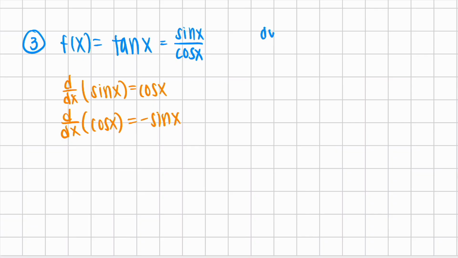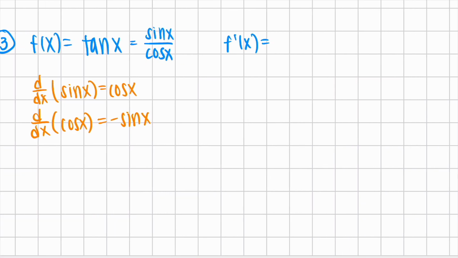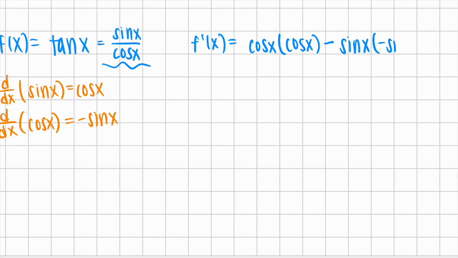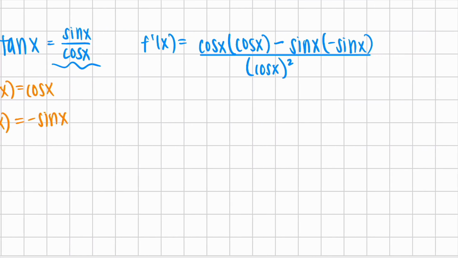So let's use those two derivatives to figure out the derivative of tangent of x. So I'm going to say, we changed our notation. So f prime of x, and I'm using this sine over cosine. So I'm going to say low, so cosine of x, d high, derivative of sine is cosine of x, minus high, sine of x, d low, derivative of cosine of x is negative sine of x, square the bottom, and off we go.